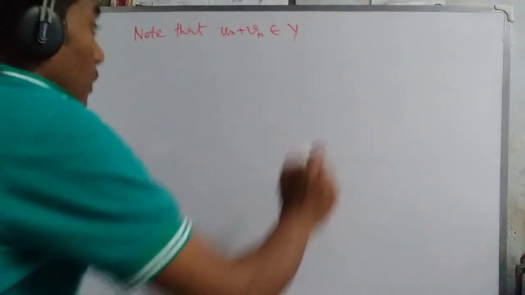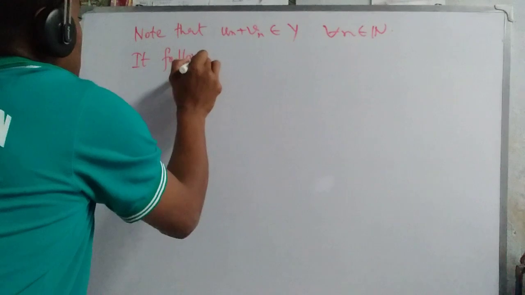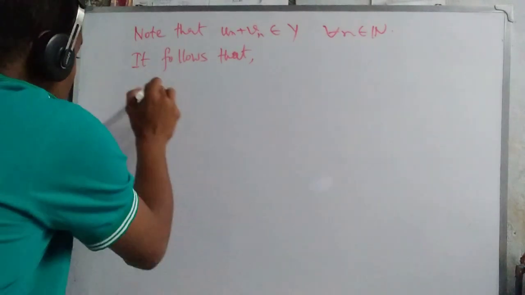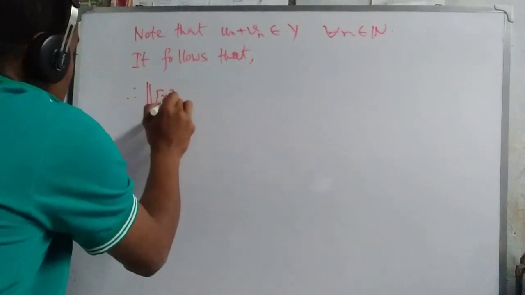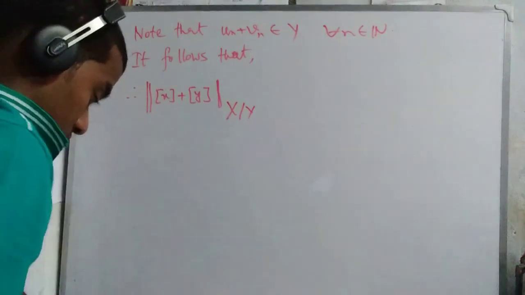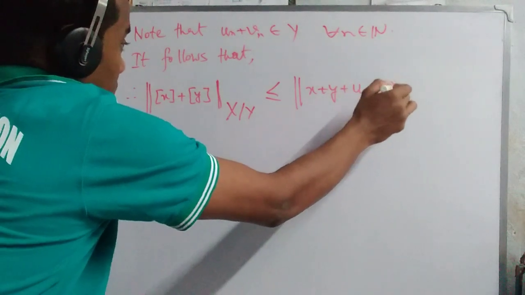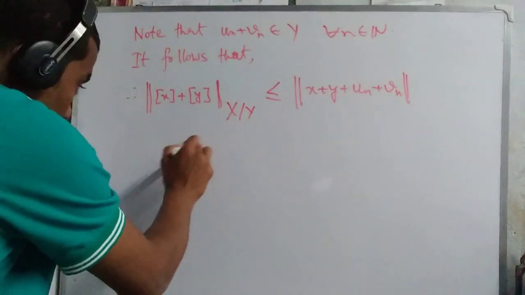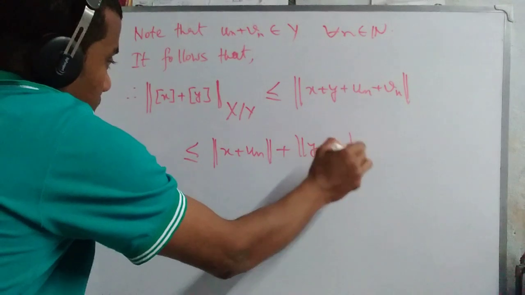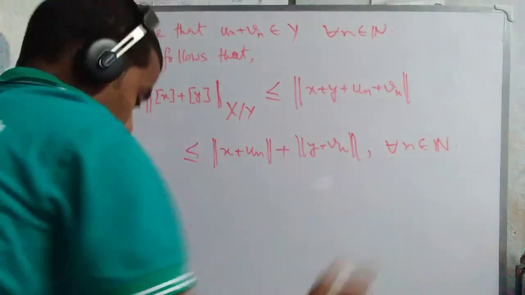Okay, for all n belongs to this natural number, it follows that norm of x plus y quotient y less than equal to norm of x plus y plus un plus vn less than equal to norm of x plus un plus norm of y plus vn for all n belongs to this natural number.